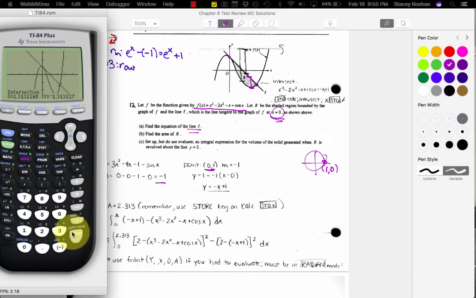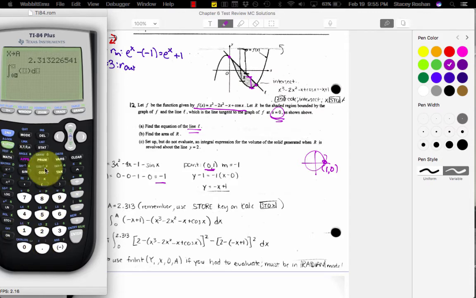Now, I need to be exact here, so I really need to store this intersection point. So I'm going to do second quit, and because I have done nothing else, I've touched no more buttons, that x is going to still have that value of the intersection point that I just found. So I'm going to store that in alpha A, enter. How am I going to find the area? I need to do top curve minus bottom curve, so I'm going to just do math 9.